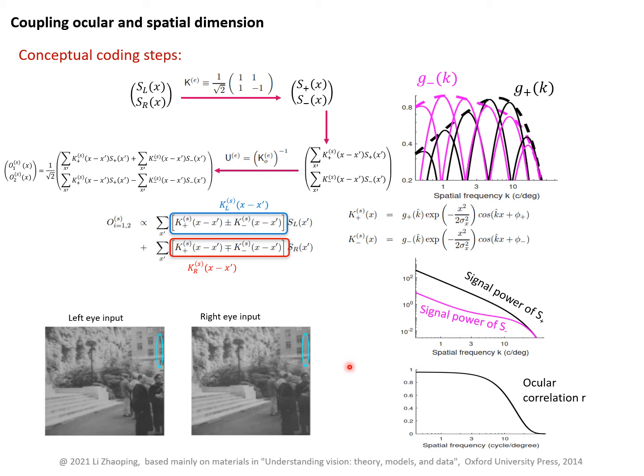And so if the signals in the two eyes are not correlated, then the summation and difference between these two uncorrelated signals will have very similar signal power statistically. That means when you average the summation or difference over many different stereo image pairs.